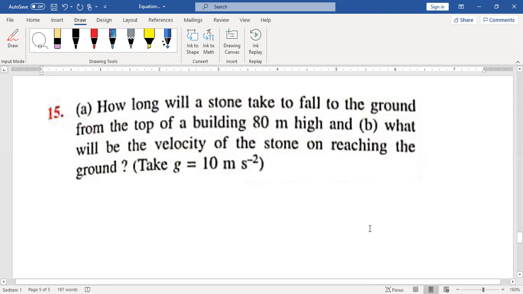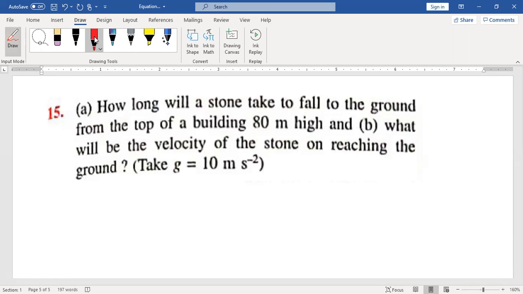So this is similar to question number 9, which we just did. Here also they are saying take g equal to 10 meter per second square. So first of all, how long will a stone take? That means we have to find time here.